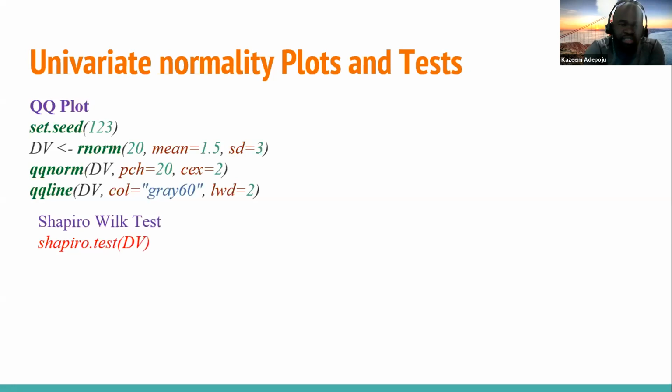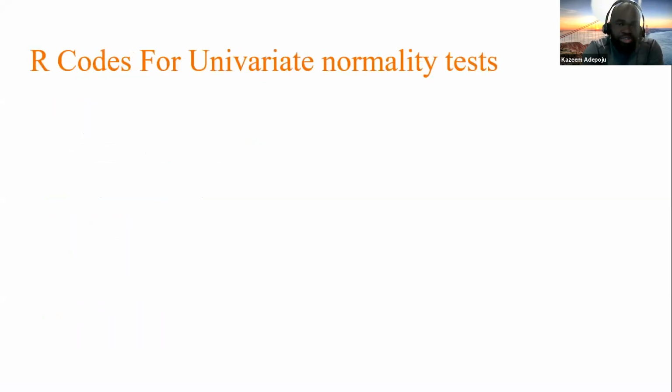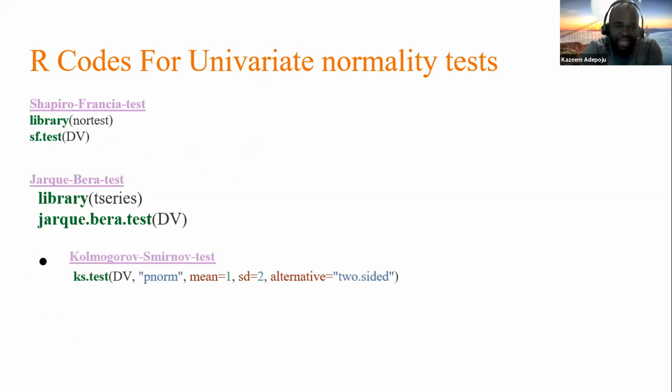We have the Shapiro-Wilk test, the Anderson-Darling test, the Cramer-von Mises test. All these are tests of normality. We also have the Shapiro-Francia test, the Jarque-Bera test, the Kolmogorov-Smirnov test, and the Lilliefors test.